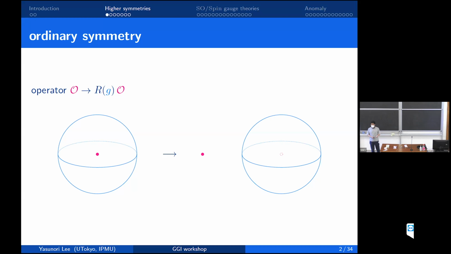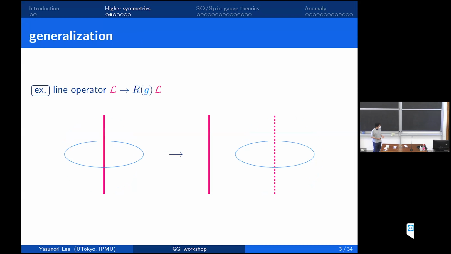One can immediately generalize this to higher dimensions. For example, if we have a line operator charged under the symmetry, this time the symmetry operation can be implemented by a surrounding codimension 2 operator. If the line operator crosses this codimension 2 operator, then again it gets acted on by the symmetry, acquiring a certain factor depending on the label of the symmetry operator and the charge of the line operator.